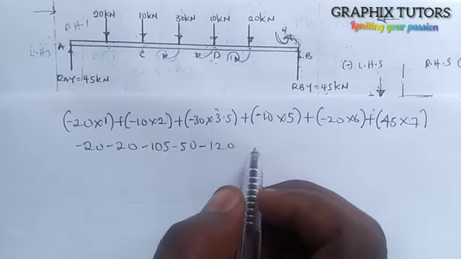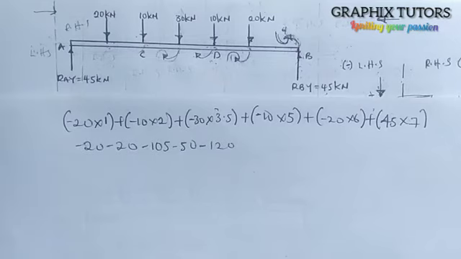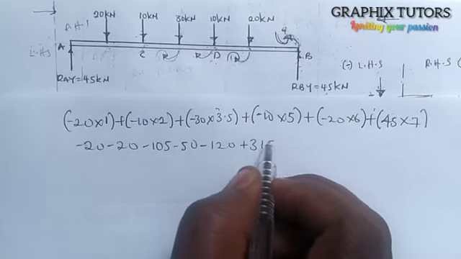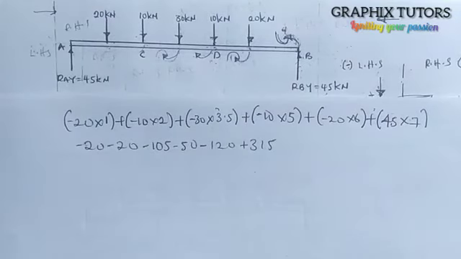Then we have 7 times 45, that's going to give us 315. So if I press this, minus 20, minus 20, minus 105, minus 50, minus 120, plus 315, that's giving us 0.